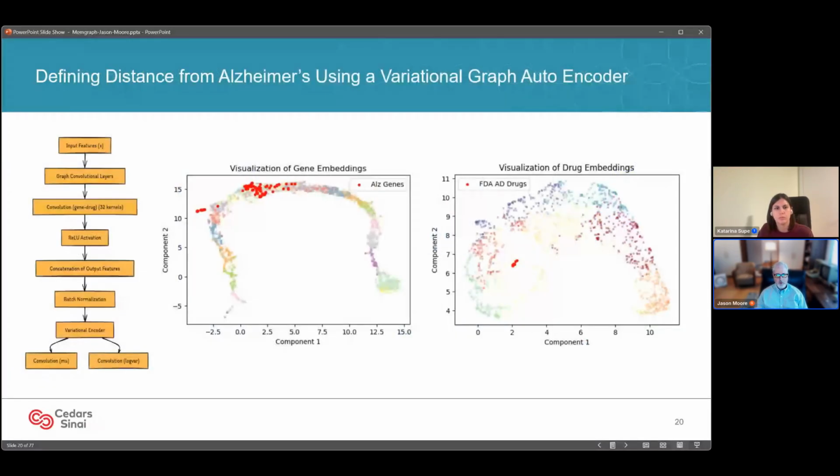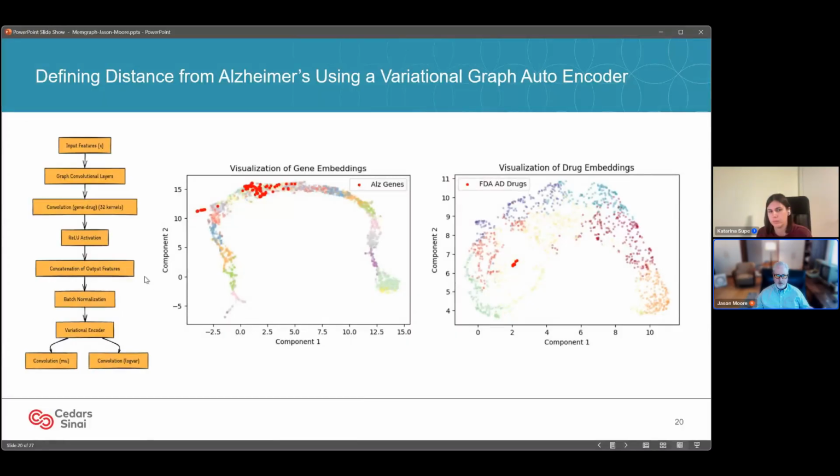And again, I don't want to look under the lamppost. I want to look across the street in the dark spaces for novel discoveries of genes that could lead us to new drugs. So what we did, and this is I think an interesting way to use the knowledge graph, is we created what's called a variational graph autoencoder. This is a deep learning algorithm that takes the graph structure as input and then embeds the graph properties in hidden layer nodes.